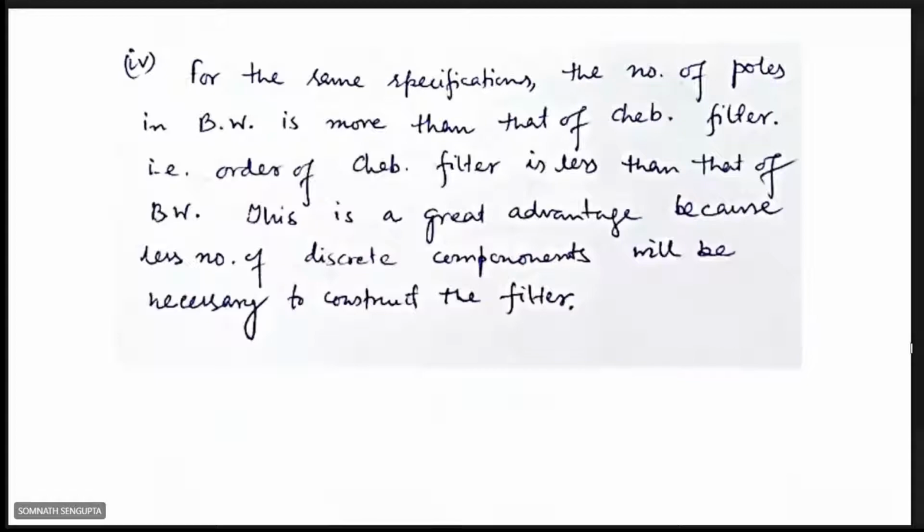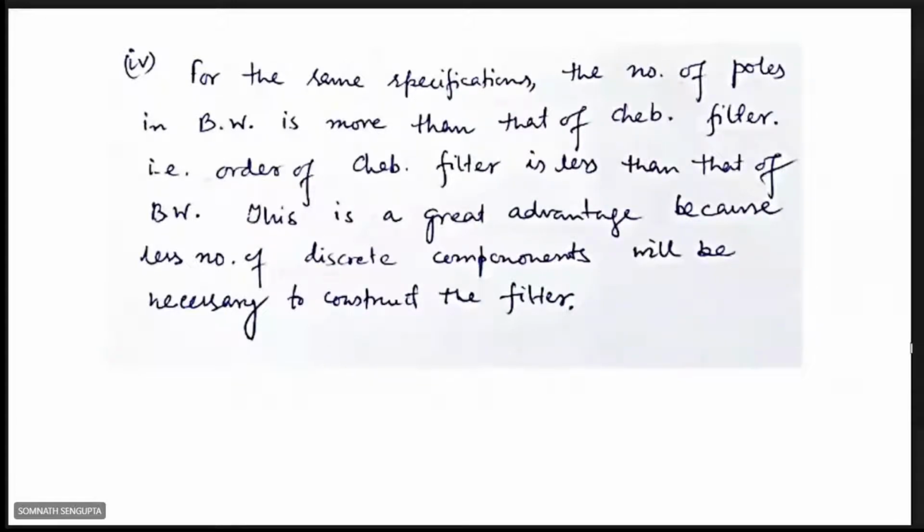Now for the same specifications, the number of poles in the Butterworth filter is more than that of the Chebyshev filter. That is, the order of the Chebyshev filter is less than that of the Butterworth filter. This is a great advantage because fewer discrete components will be necessary to construct the filter.